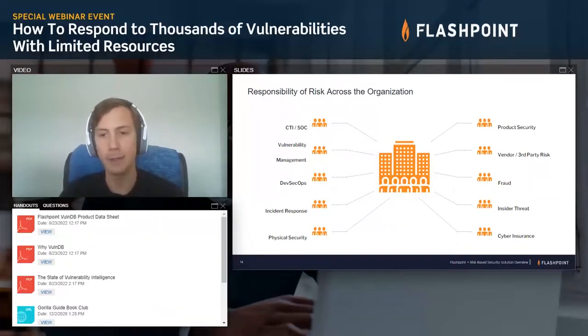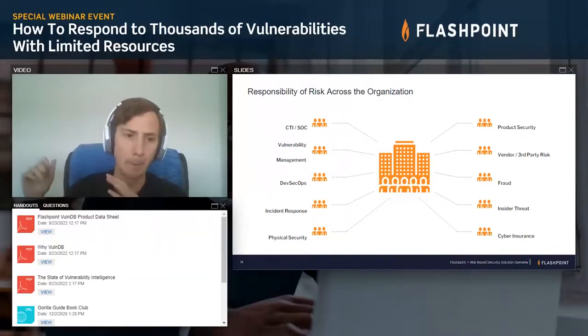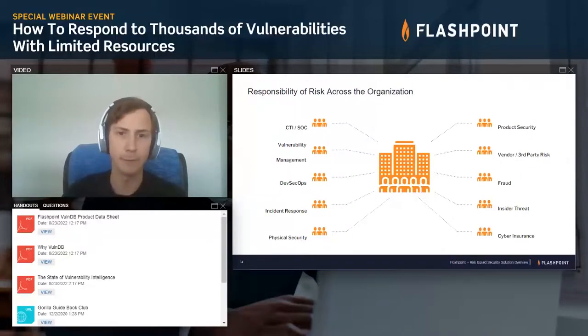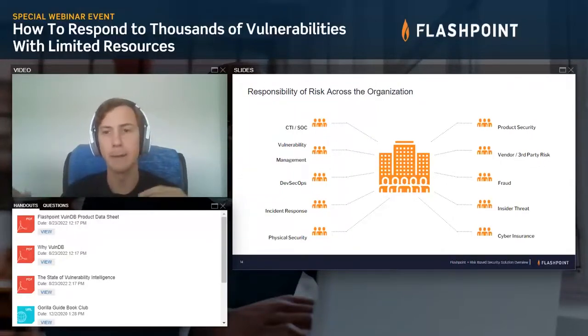And then finally, what I'll mention on things like third-party risk and CTI is not only do we have integrations into the Flashpoint threat data from VulnDB, but also we give you some strategic information on top of the tactical. Something like, here's a vuln, it's bad, here's how to fix it, is very tactical information for you to go whack that mole today. But we want people to be pulled out of the whack-a-mole game.